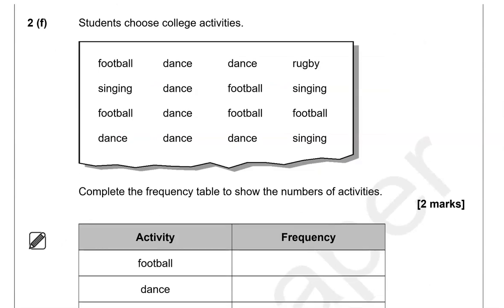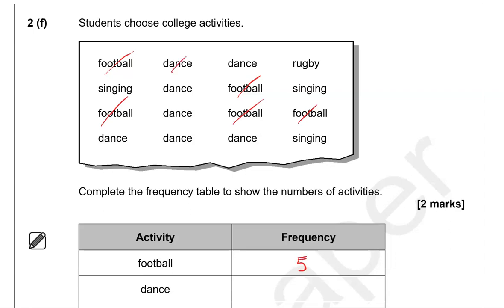Students choose college activities. Complete the frequency table to show the numbers of activities. So we've got football. Let's have a look. How many of them do we have? 1, 2, 3, 4, 5.